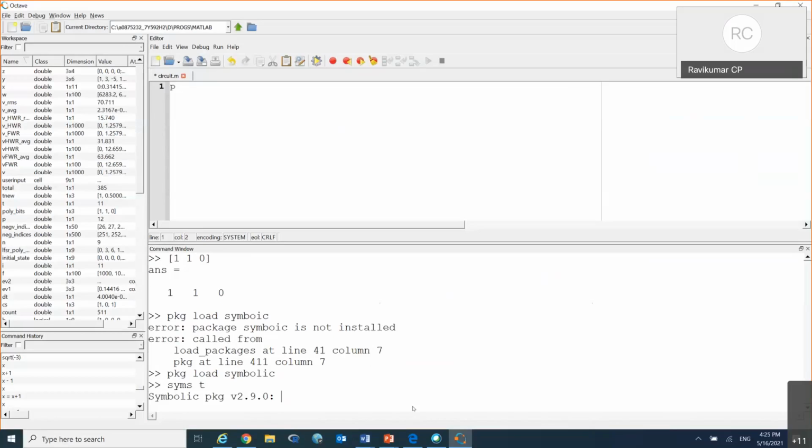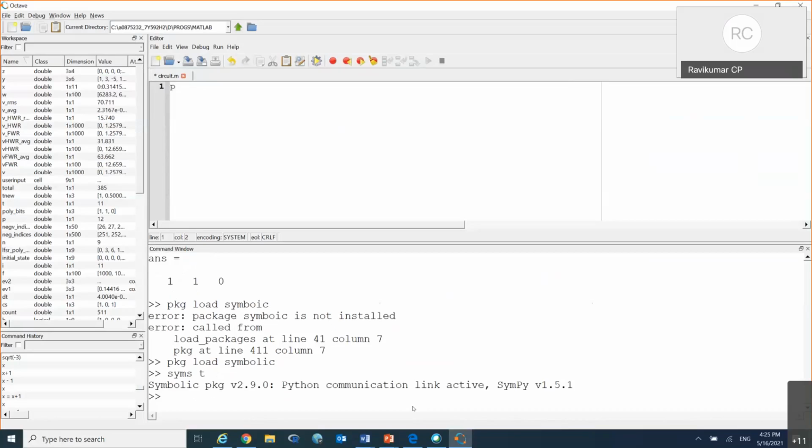So syms t has declared t as a symbol now. It is not a variable. It's not that t will be 5 or 6 or some numerical value, but it is a symbol, just like we recognize it. So now I can say y equal to sine of t.